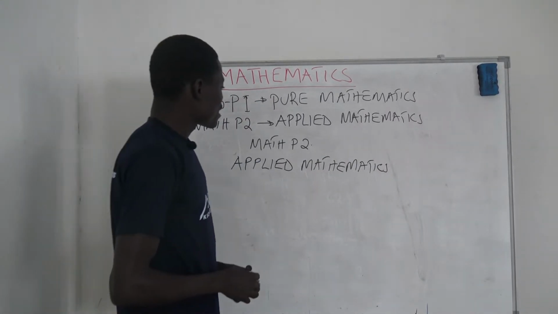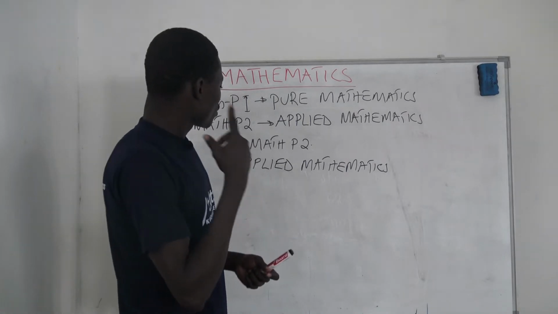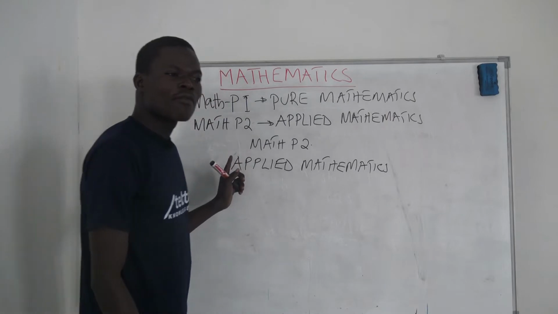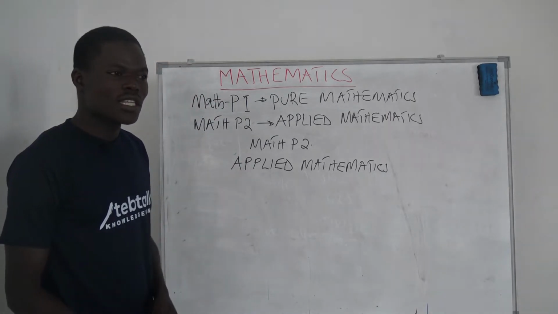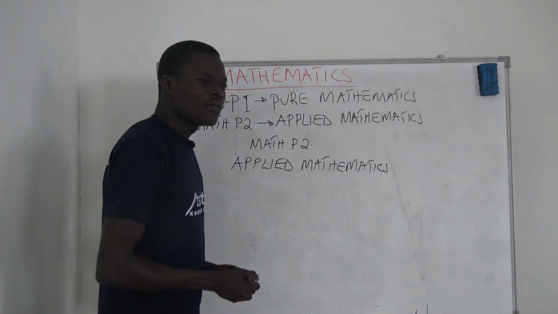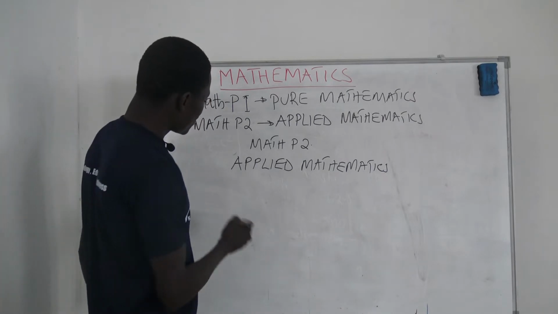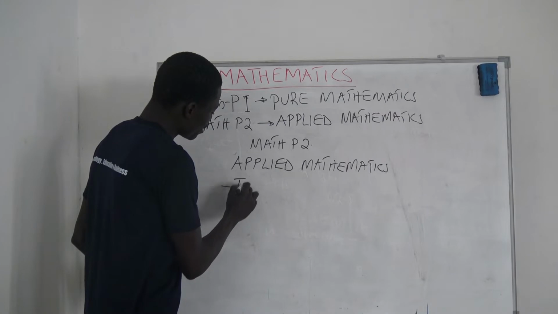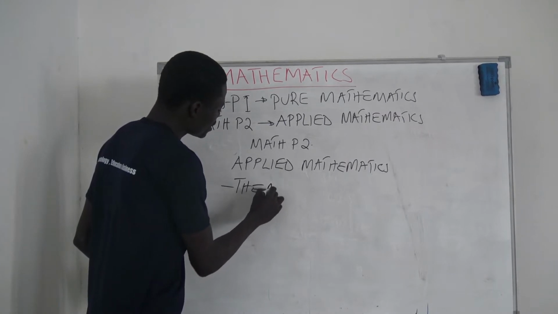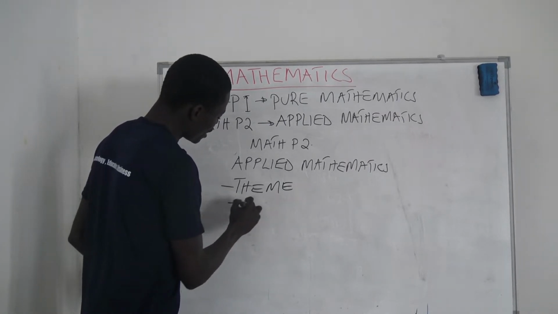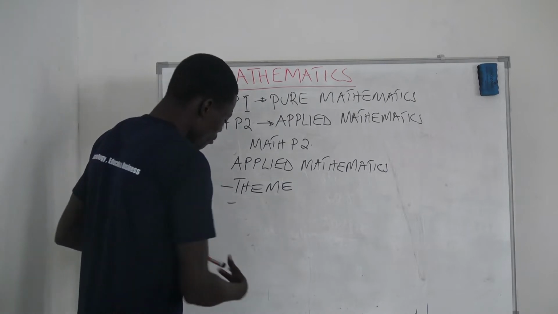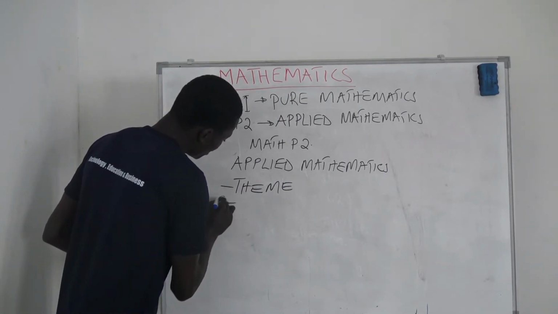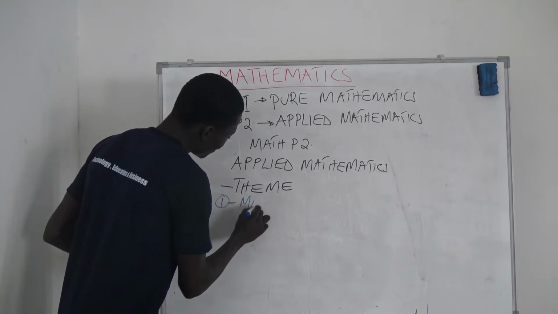Applied mathematics is one paper, but under applied mathematics we have three different themes. In applied mathematics we have only three themes, of which the first one is called mechanics.